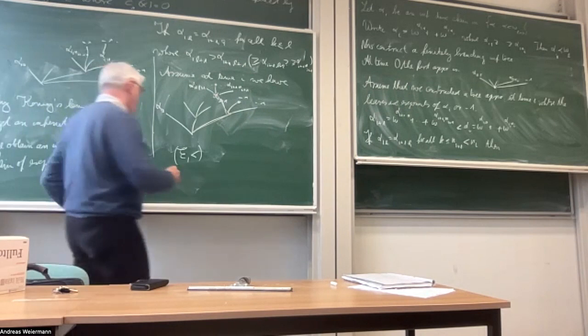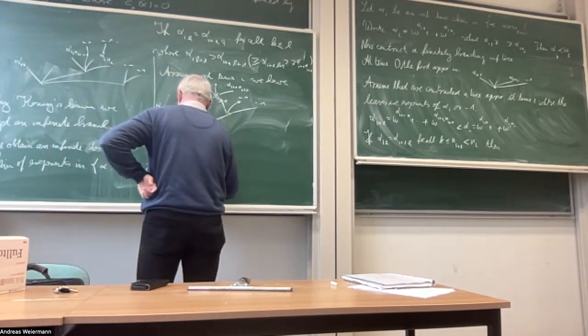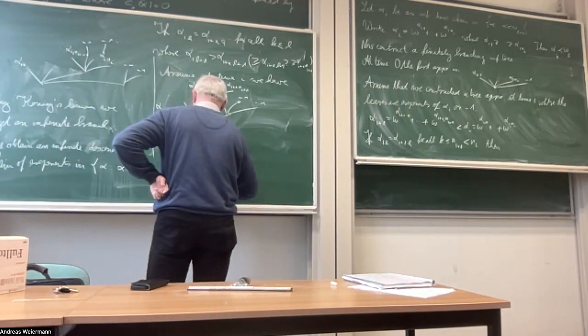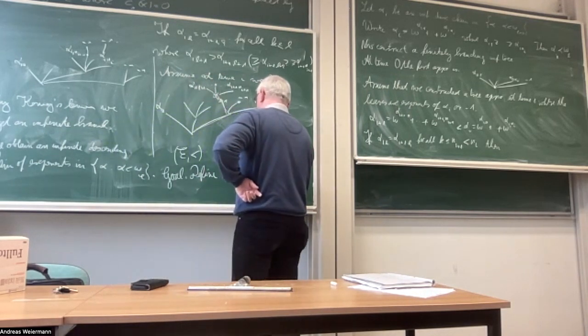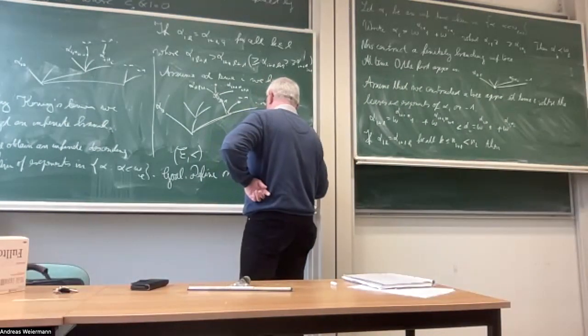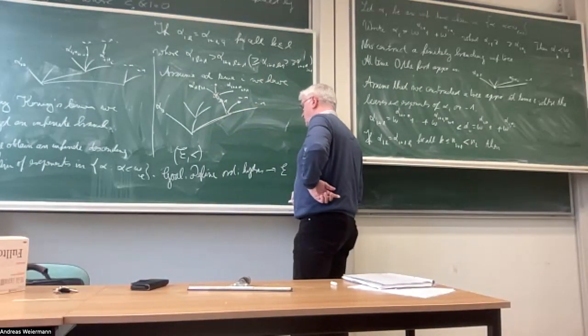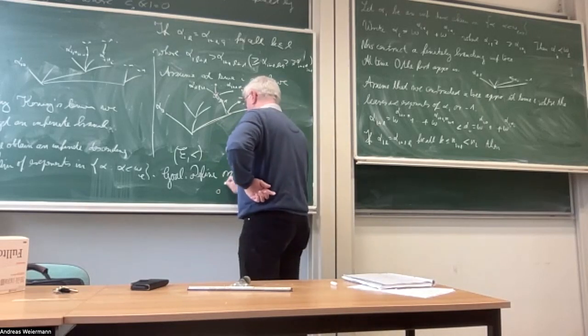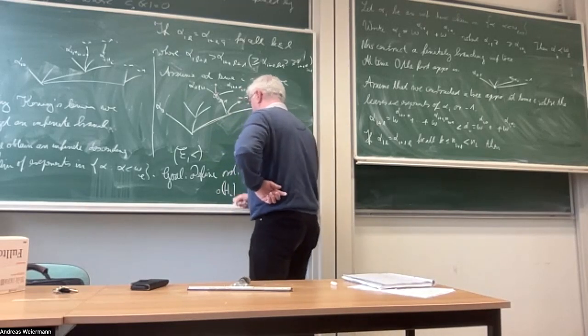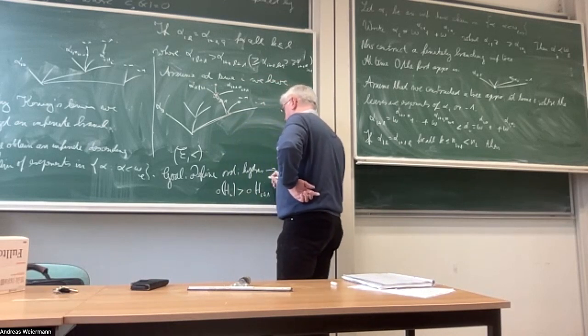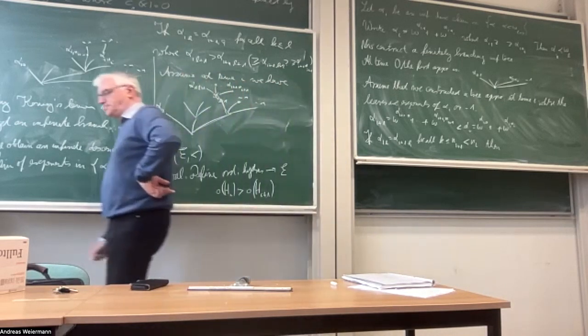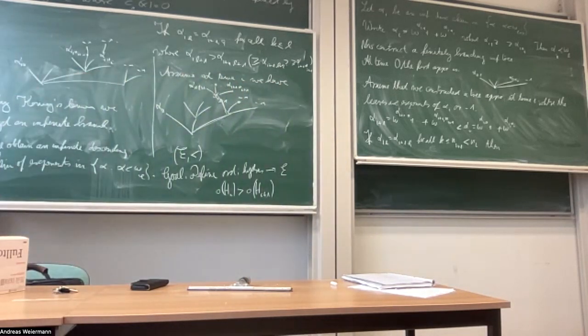The goal is to find a mapping from the hydras into, let's say, E, such that the ordinal of the hydra at time i is always bigger than the ordinal of the hydra at time i plus 1. And now we are going to do so.